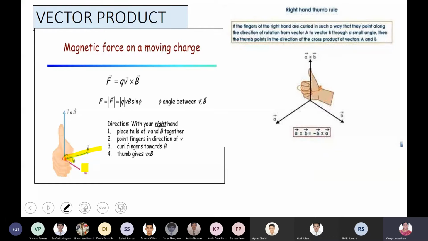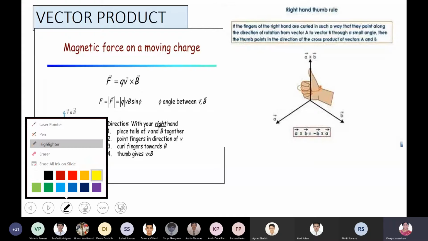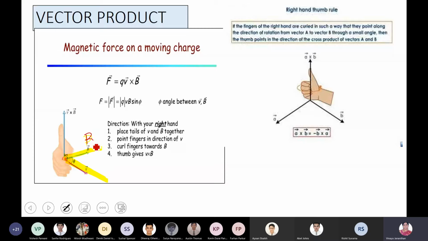V vector is the direction of the motion of the charged particle. Are you clear? 11B, are you clear? B vector is the direction of your magnetic field, and V vector is the direction of the motion of a charged particle, which means a charged particle is entering into a magnetic field and electric field.